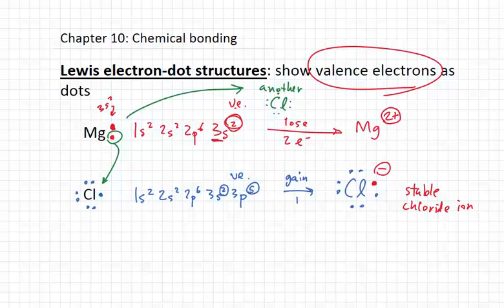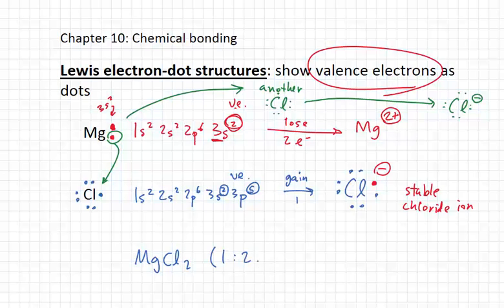We would have this other chlorine, now a Cl minus. For every magnesium, then, that I have, in order to become stable, I would need how many chlorines? 2. And we know that. What's the formula for magnesium chloride? MgCl2.